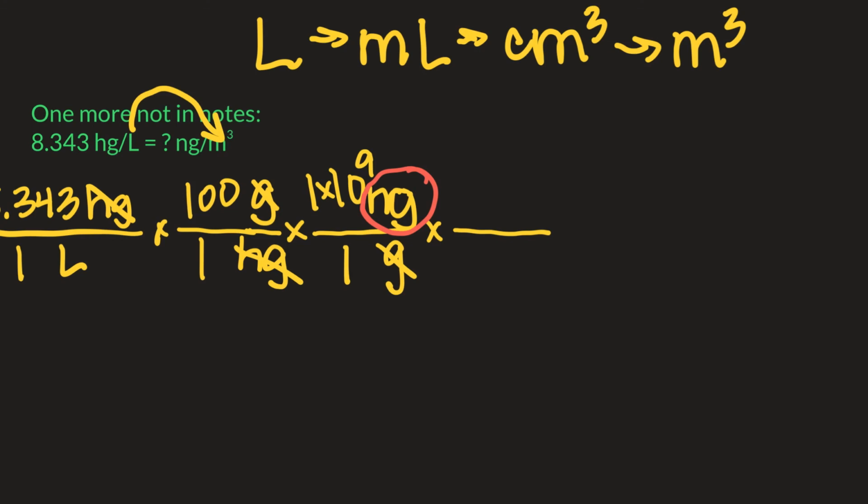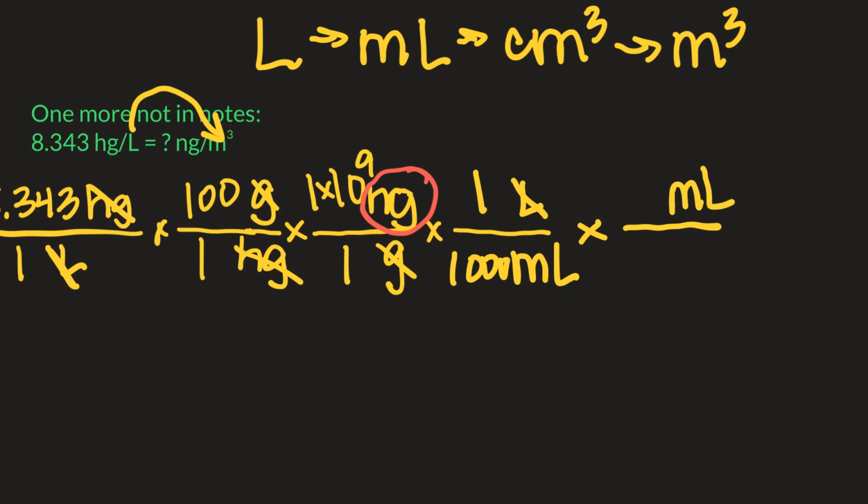All right, so again, liters is on the bottom, liters goes on top. I'm going to turn it into milliliters first. 1 liter, 1,000 milliliters, cancel it out. Milliliters is on the bottom, milliliters goes on top. I can turn it into centimeters cubed. It's an easy 1-to-1, but still put that step in so you can see what you're doing.